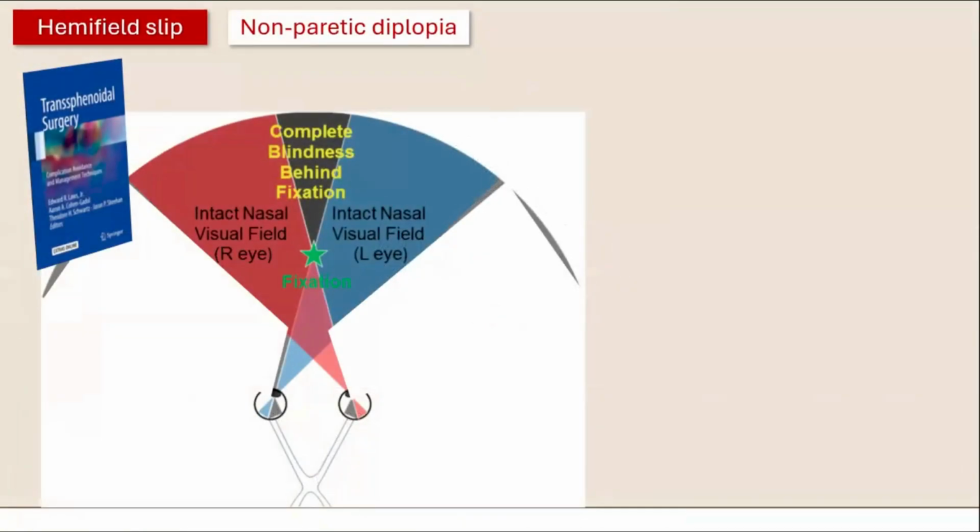Back again to this photo. If someone has esophoria, and this is, by the way, the abbreviation for esophoria, just E, okay? Having a bitemporal defect will allow this phoria to manifest and become esotropia. If a patient with esophoria develops bitemporal hemianopia, it may become manifest and become esotropia.